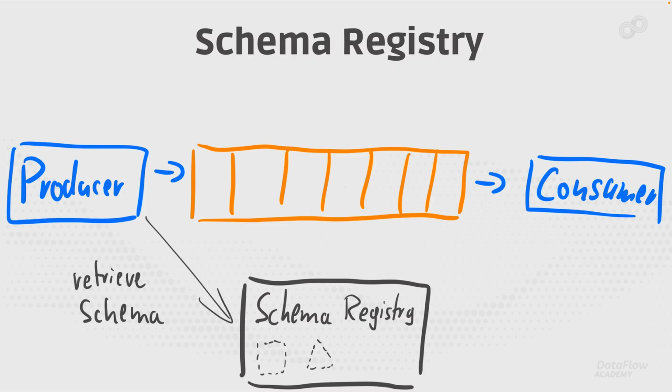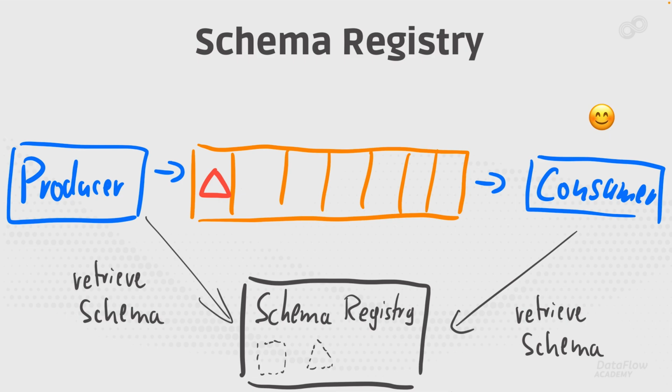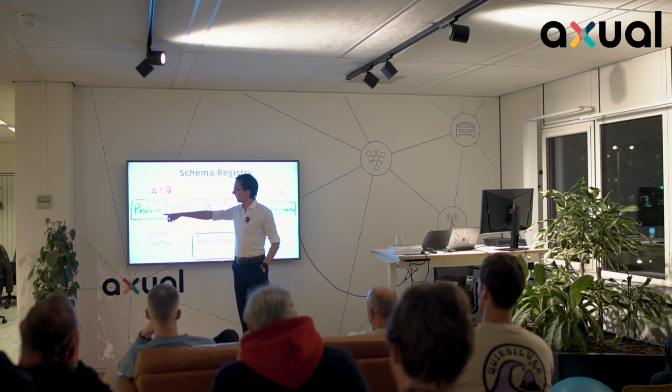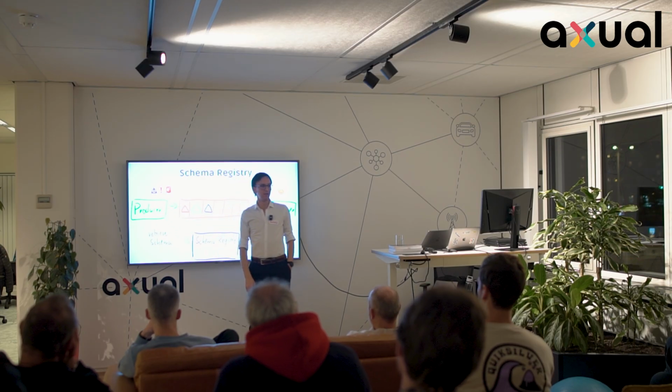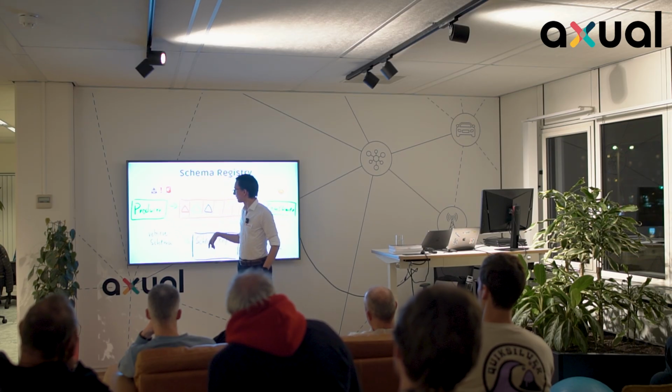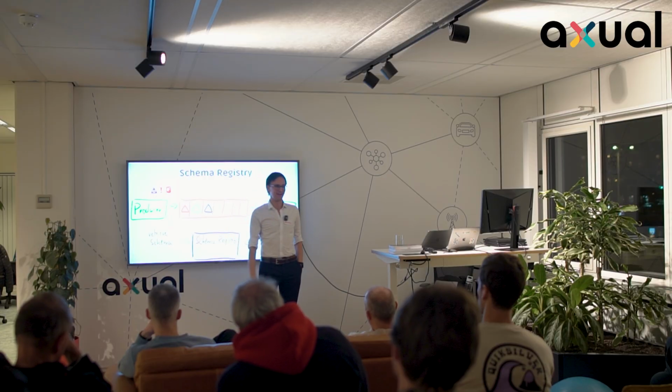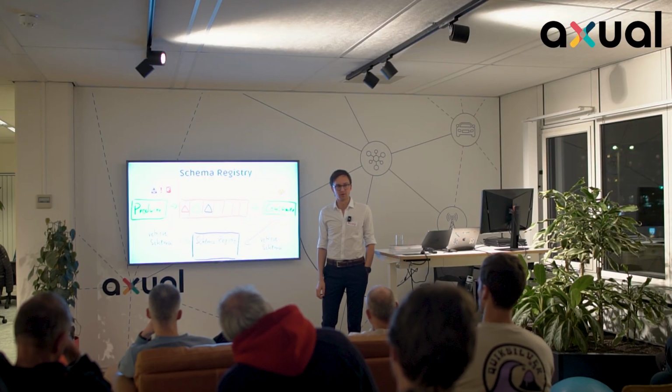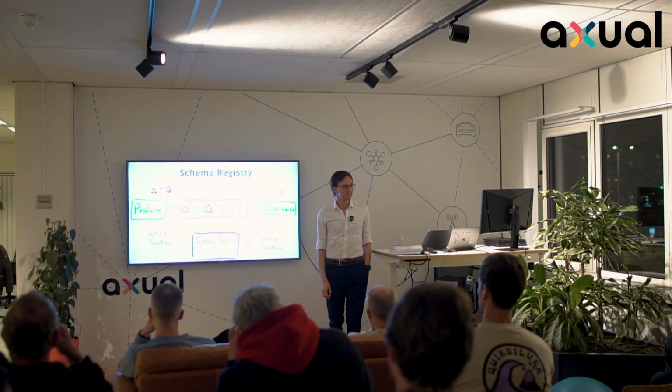The producer retrieves the schema, the consumer retrieves the schema, the producer produces a message, looks good, it's fine, the consumer is happy. Another message, everything is fine too. Another message, looks good. Now the producer tries to produce a bad message, but as you're using a serializer that is talking to the schema registry, the library will tell you, don't do that. This doesn't work.